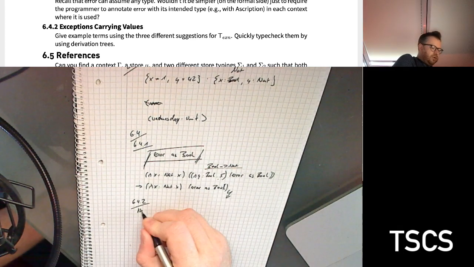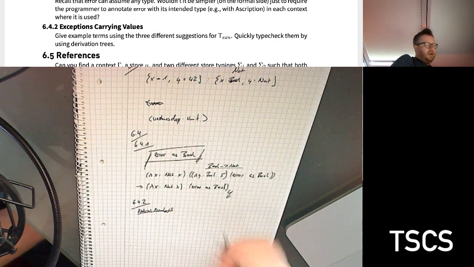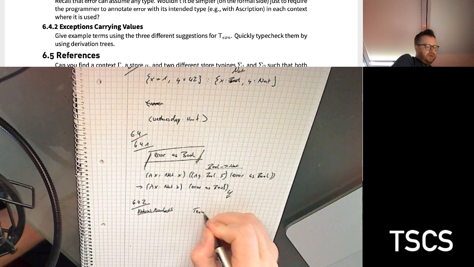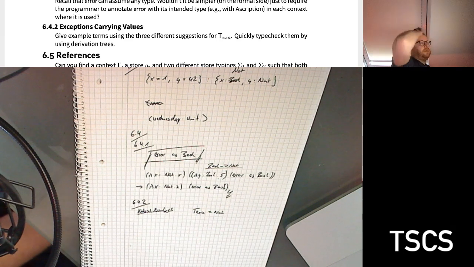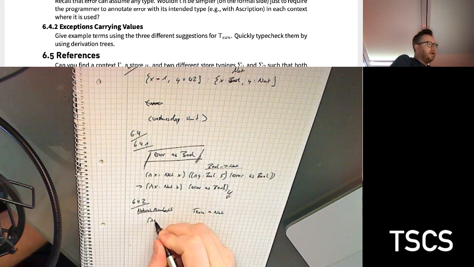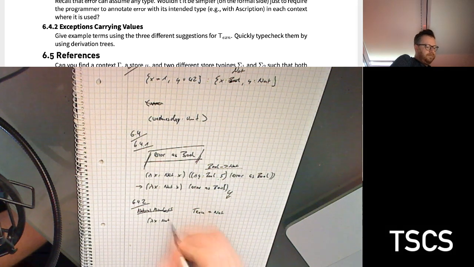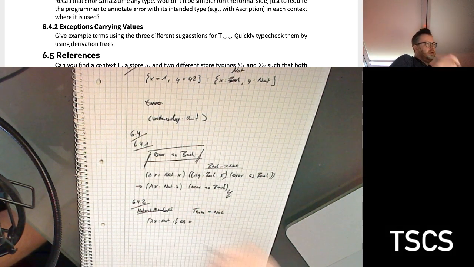Let's do that for natural numbers first. And the idea here is that the type of exception is now a natural number. And you can use this in a term like this. So lambda x nut. Let's do this, just an example.